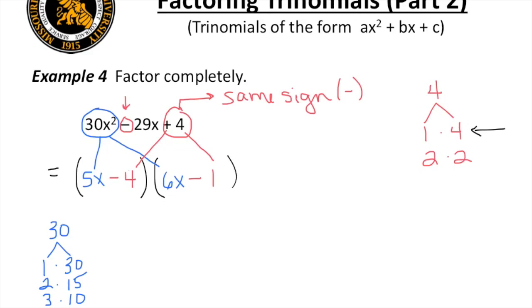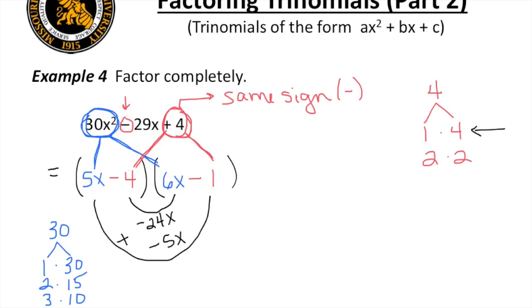We are confident that 5x times 6x gives us our 30x squared, and we're confident that negative 4 times negative 1 gives us our positive 4. We now check the sum of our inner product and our outer product. Our inner product gives us negative 24x. Our outer product gives us minus 5x.